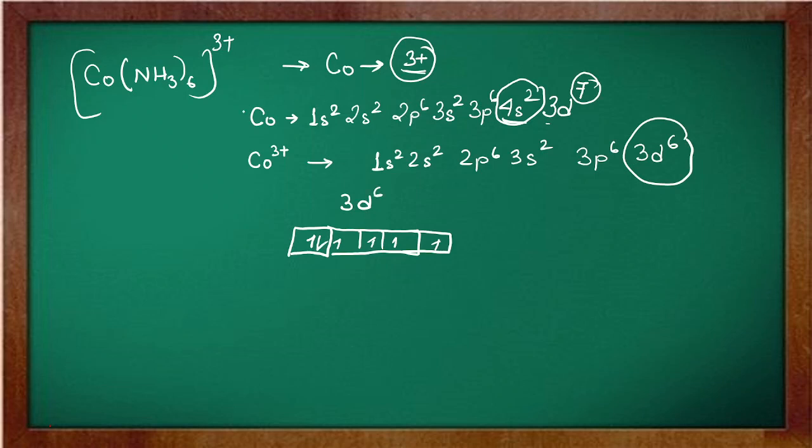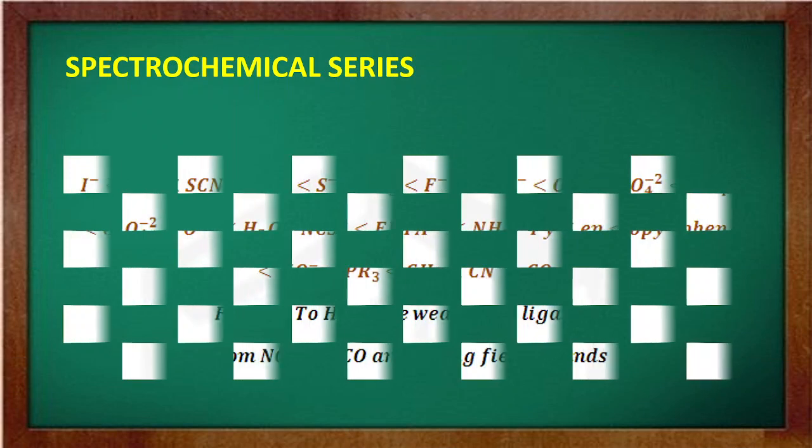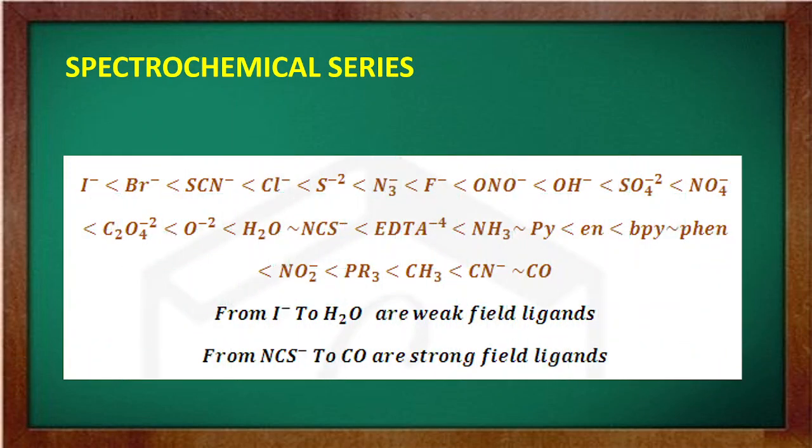Now we have to see whether the ligand used is a weak field ligand or a strong field ligand. Now from here we have to see whether my ammonia, meaning NH3, is a strong field ligand or a weak field ligand.